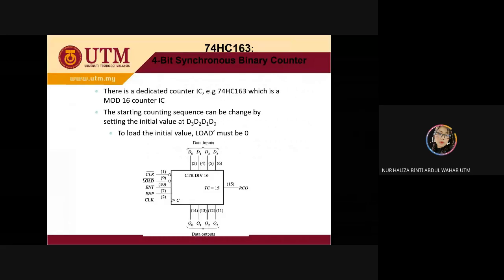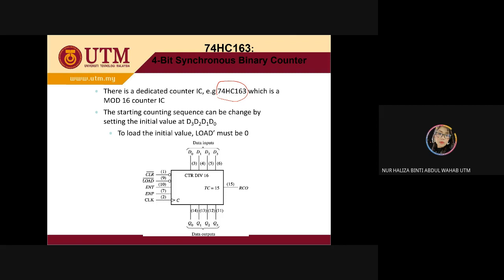Yesterday we took a look at a 4-bit synchronized binary counter. There is an IC that you can always depend on. Yesterday I asked you to remember it.